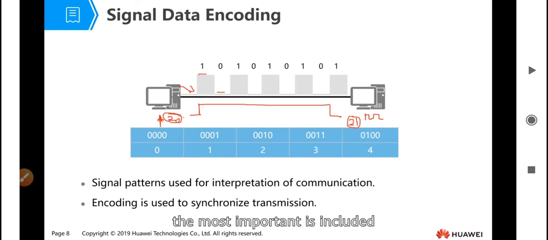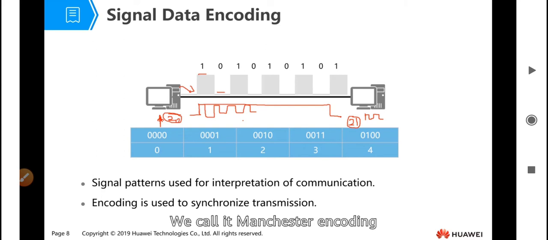The most important is to include the clock signals into this encoding. And then there's a famous encoding mechanism we call Manchester encoding.